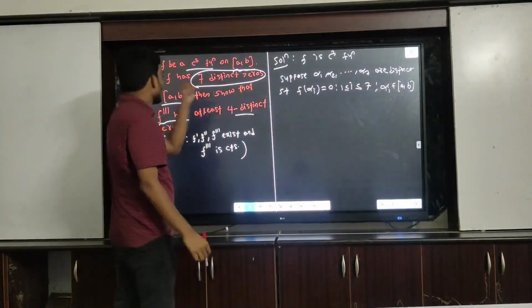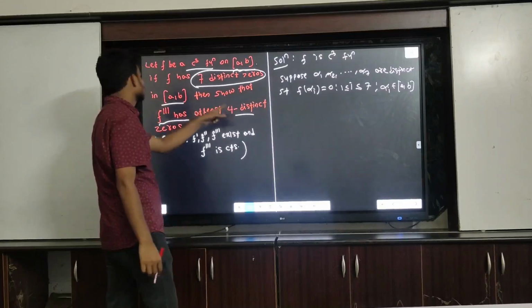This is our given, so we have to prove f triple dash x has at least 4 distinct roots.